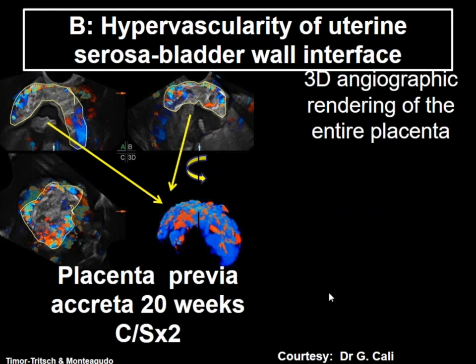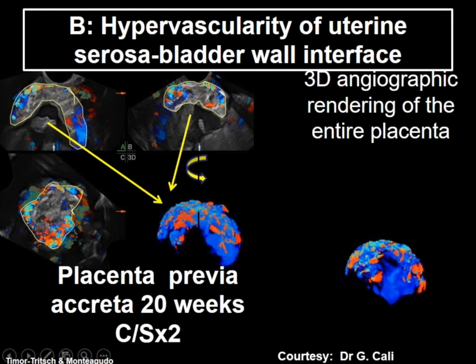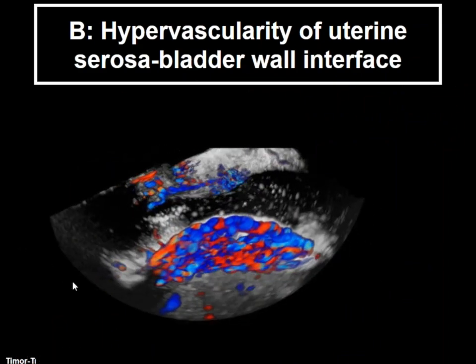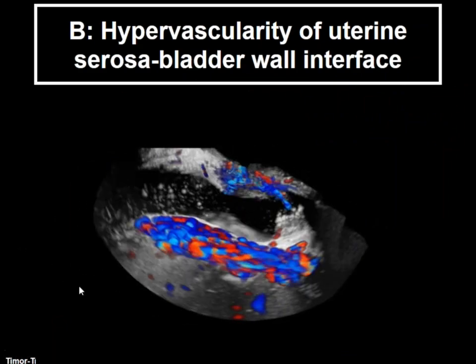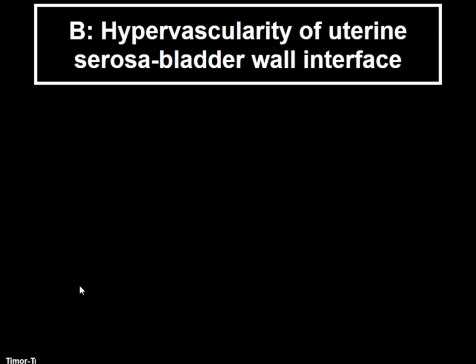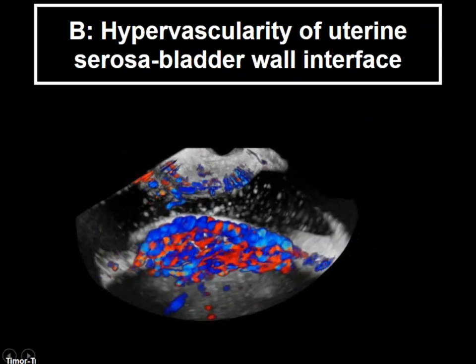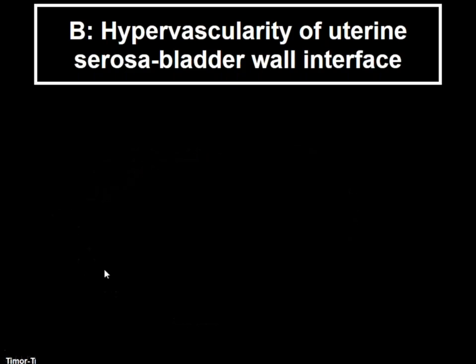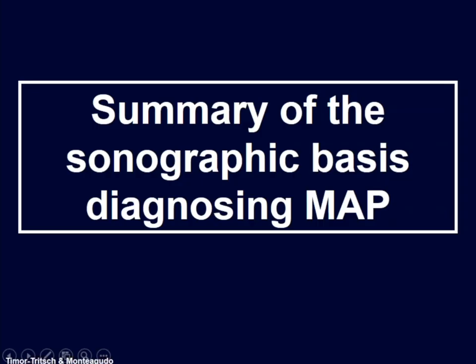This is a placenta previa creta at 20 weeks with 2 previous cesarean sections, given to me by Dr. Cali from Italy. Here is our own picture that shows really clearly the accentuated presence of the vasculature between the placenta and the bladder wall.